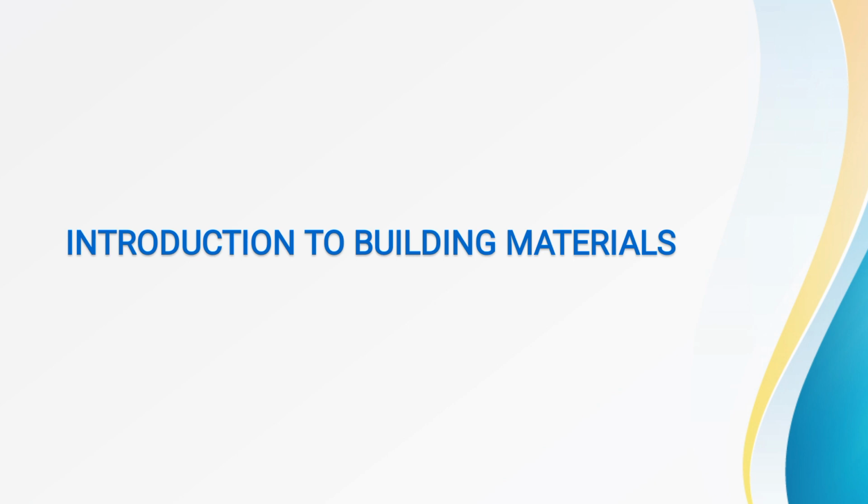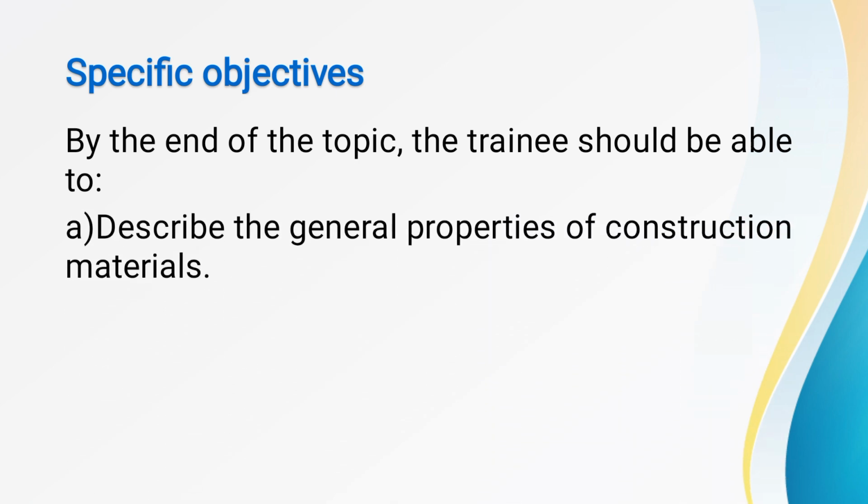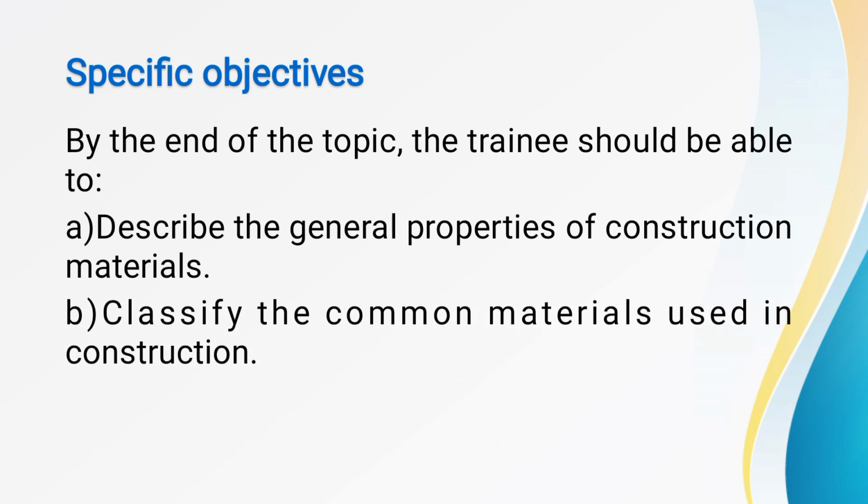First of all, I want us to go through the specific objectives that a trainee must meet at the end of this topic. So the first objective is that a trainee should be able to describe the general properties of construction building materials.